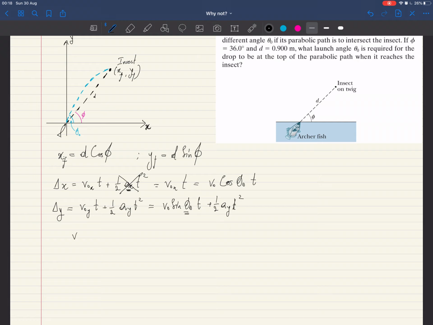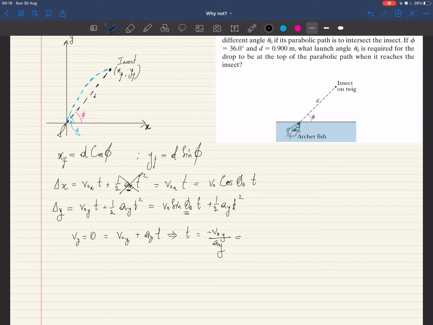The max height condition is signified by the fact that the y component of the velocity becomes 0, which tells us that v0y plus ay t must be 0. From here we learn that t is going to be negative v0y over ay.